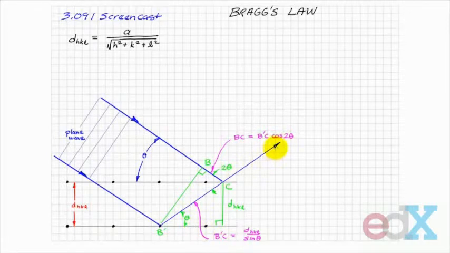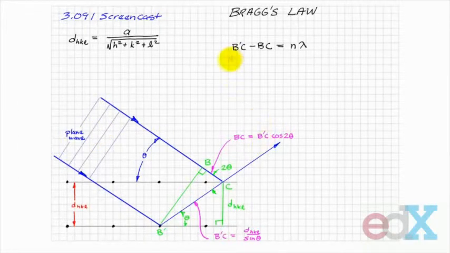The criteria for there to be constructive interference on this ray is that the total path length difference between these two rays has to equal an integral number of wavelengths. So we can write that total path length difference as B prime C minus BC, and that has to equal an integral number of the wavelengths of light that I'm using, specifically the wavelength of X-ray I'm using.